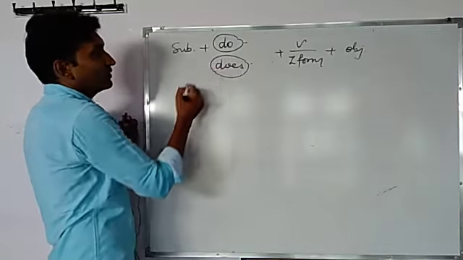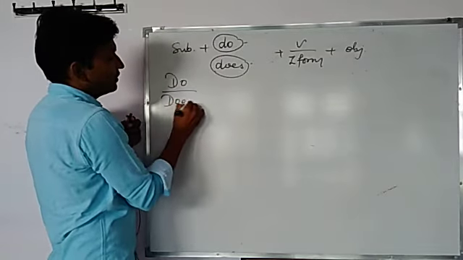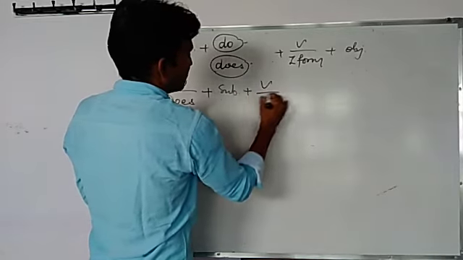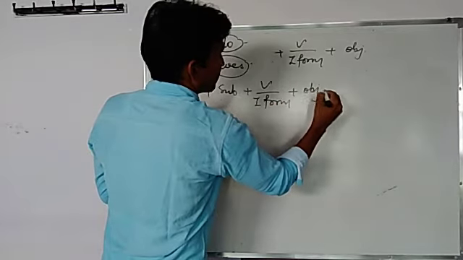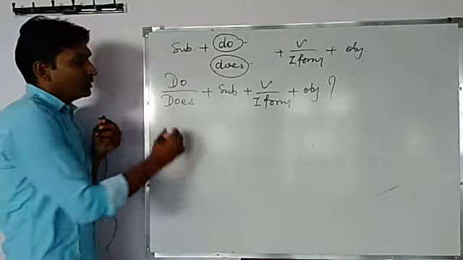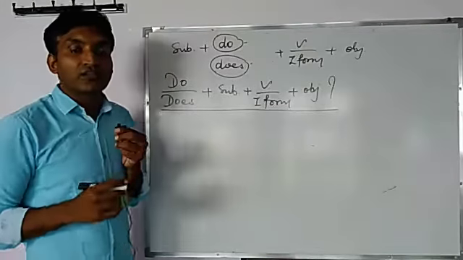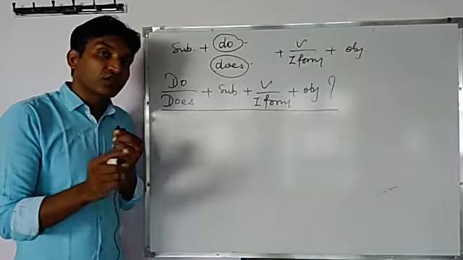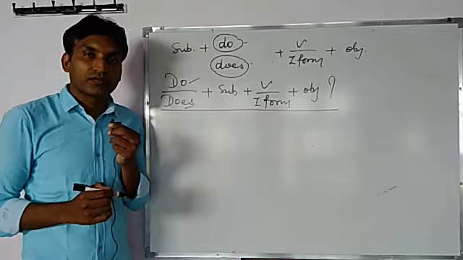If we place both of them before the subject, that structure will be do/does plus subject plus first form plus object and question mark. This becomes the formula for interrogative sentence of present simple. Interrogative sentence that starts with a helping verb. Do or does are helping verbs.